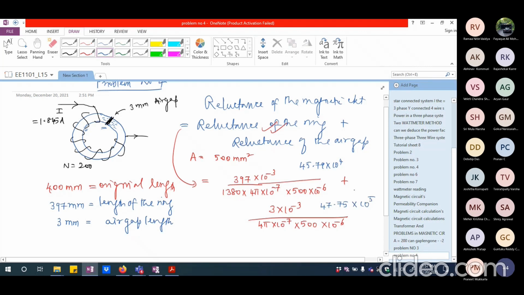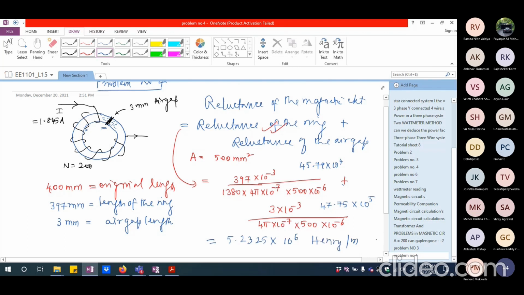Please note the difference. So this is definitely going to be having at least a 10-fold difference. Okay. So this is actually coming out to be totally some 5.2325 multiplied by 10 power 6. 10 power 6 Henry per meter.